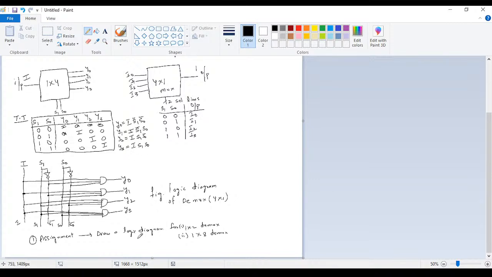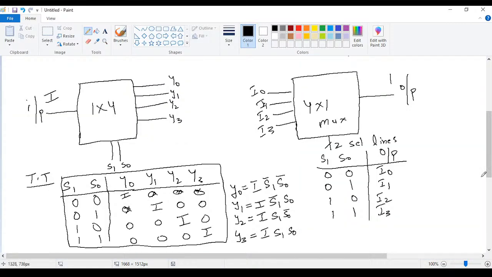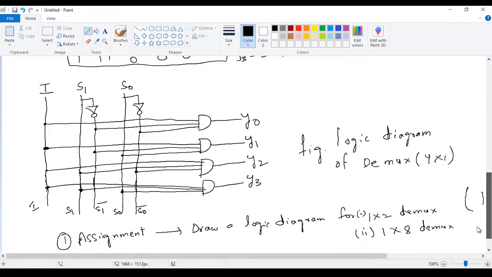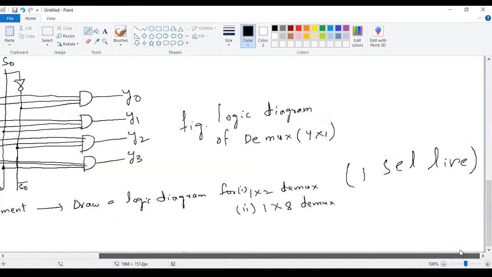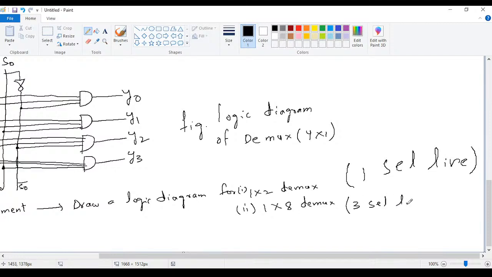You can go for the logic diagram of the 1 by 2 demux and the 1 by 8 demultiplexer. 1 by 2 means one selection line. 1 by 8 means 3 selection lines, so internally we need to see that 3 selection lines are taken for the circuit.